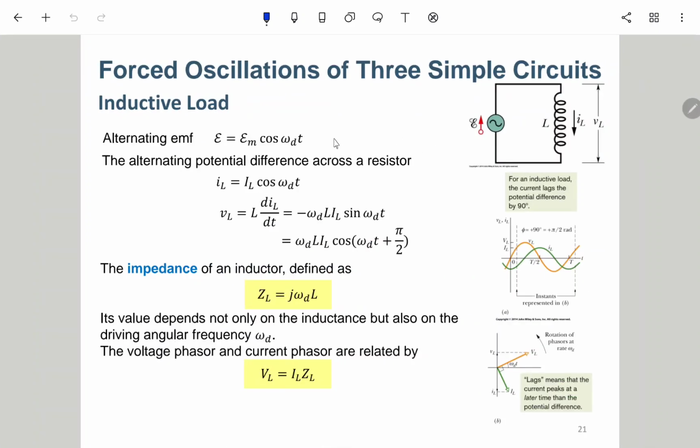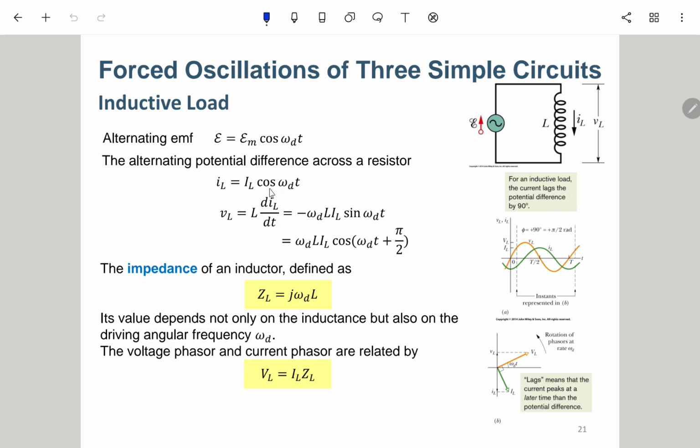Okay, so let us finish also the inductor. For the inductor, it's the same: E equals E_m cosine omega_d t, and for the current we make it I_L times cosine omega_d t. So V_L will be L di/dt.